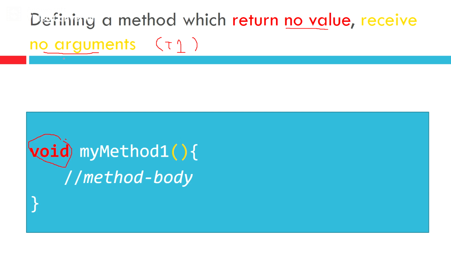And there is no arguments, so there is no parameter here. The rest of the method body is what is the task to complete the method. So make sure your method body inside the block statement. What is the block statement? The block statement is everything inside the opening curly braces and the closing curly bracket.